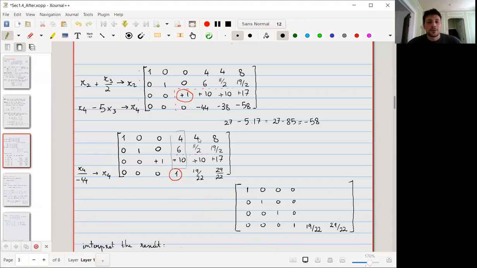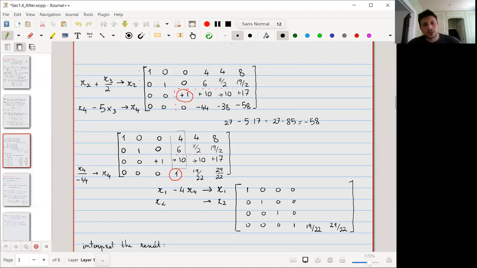For example, the way we fix the first row is by replacing it by row 1 minus 4 times the 4th row. Because there's a 4 in row 1, and we want to multiply 1 by -4 so that they add up to 0. The second row will be fixed as follows.